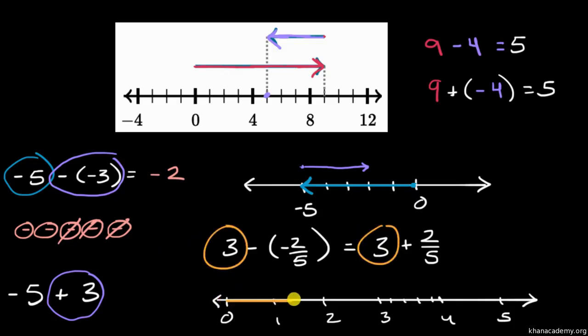So that's 3 units to the right, a positive 3. And so subtracting a negative 2/5, we're saying is the same thing as adding 2/5. So adding 2/5, we are just moving 2/5 to the right. So it's 1/5 and 2/5. Subtracting a number is the same thing as adding its opposite.